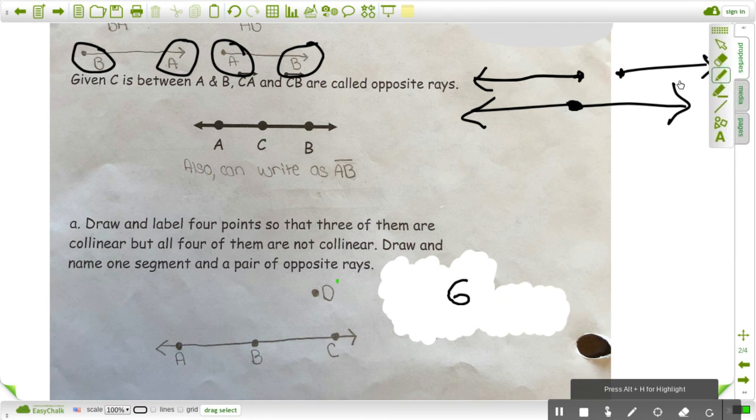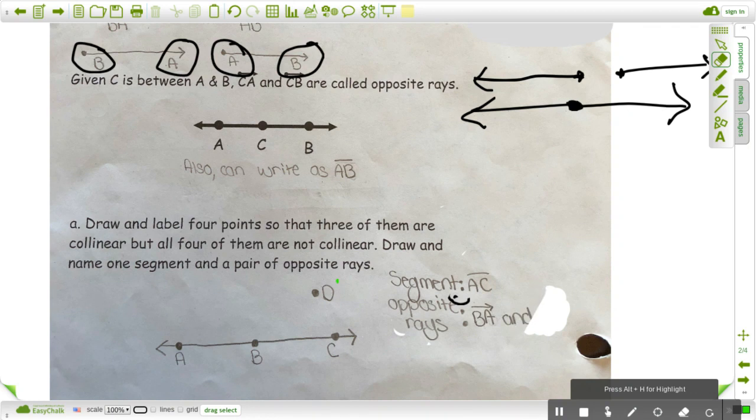And let's see. So one segment can be segment AC, or you can write segment AB, or you can write segment BC. It all makes sense. And a pair of opposite rays are ray BA and ray BC.